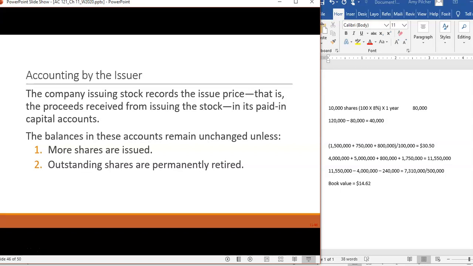We can sell additional shares at any given time. So the only time our account in our stockholders' equity amount would change is if we either issue more shares or we buy back outstanding shares. When we purchase back outstanding shares, those shares are called treasury stock. That means that the company has purchased them back from the market and they're not outstanding shares.